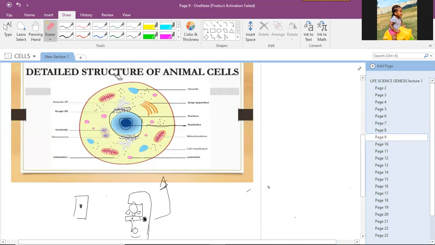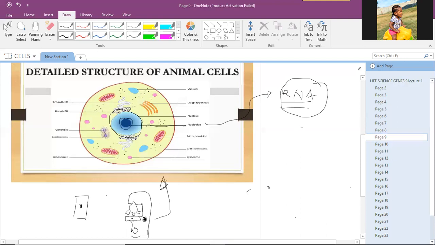The nucleolus produces RNA. So this is where RNA is made. What's the function of the nucleolus? RNA is made in the nucleolus. The interesting part is that DNA is found in the nucleus, and it's very, very important.